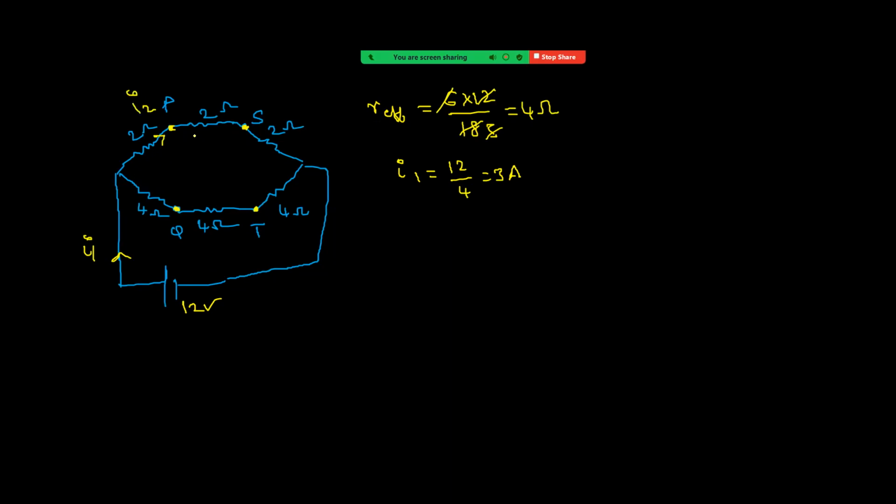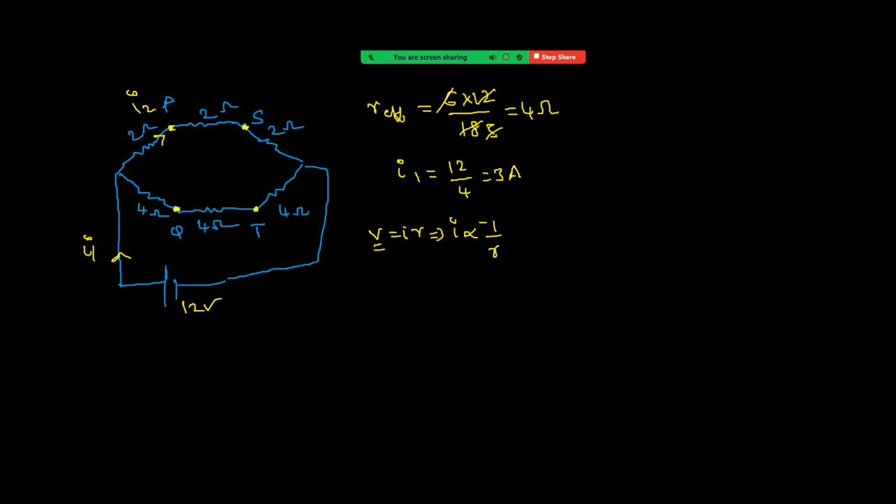You can see this is now 6 and this is 12, in the ratio 1:2. Since they're parallel, V equal to IR, V value is the same. Therefore, I is proportional to 1 by R. So current divides in the ratio 2:1.